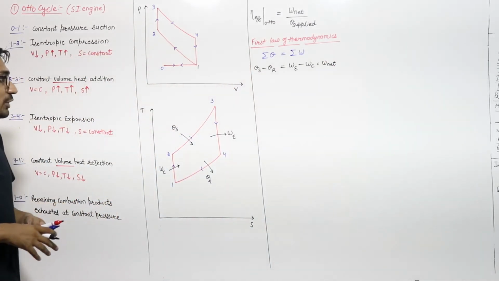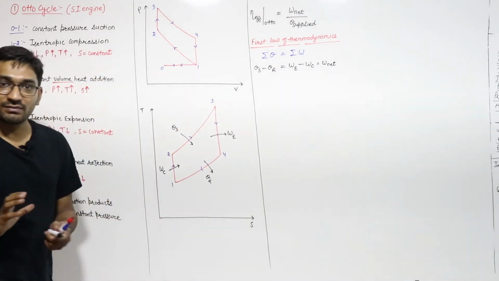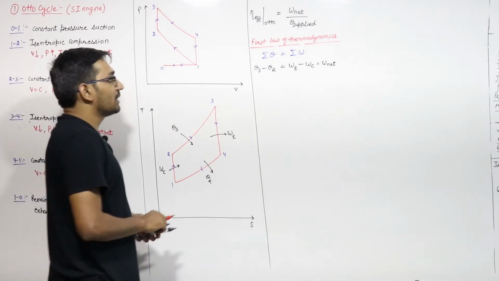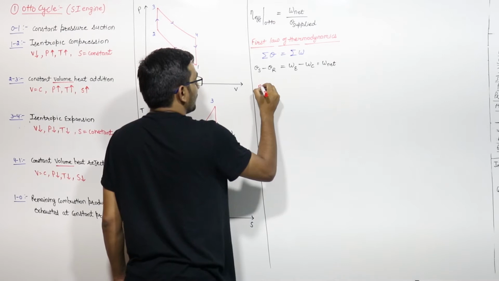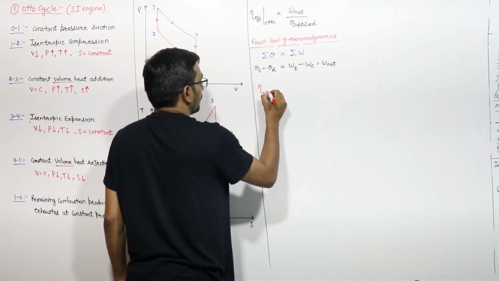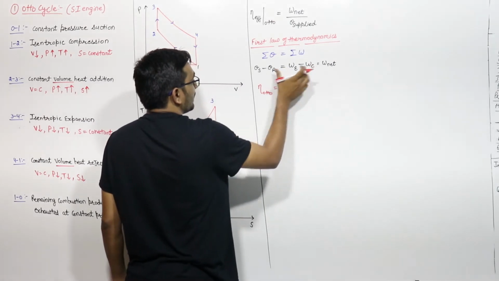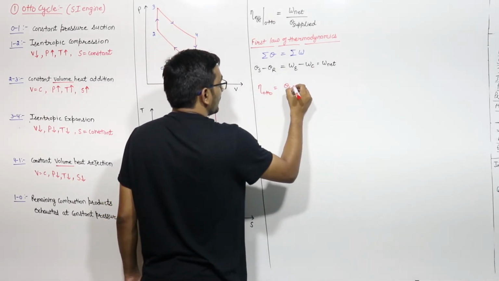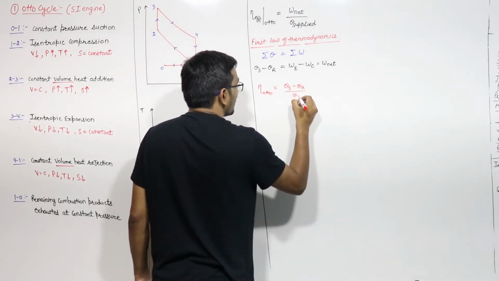The net work produced by the engine will be the expansion work minus the compression work for the closed system. So now if you use this formula, the efficiency of the Otto cycle will be equal to the net work, QS minus QR, divided by QS, right?